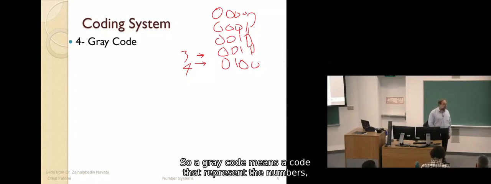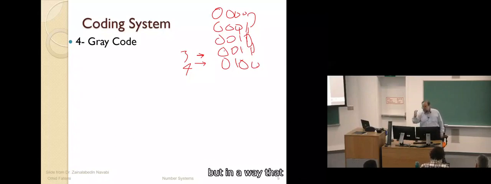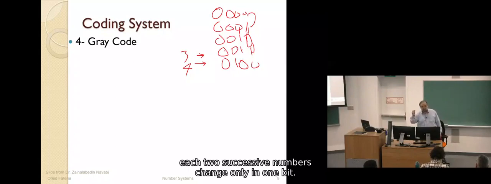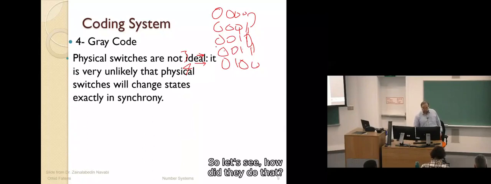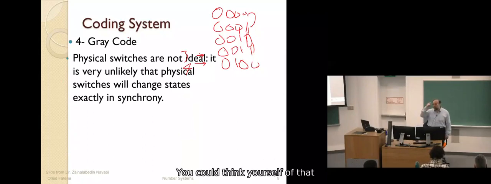A Gray code is a code that represents the numbers in a way that each two successive numbers change in only one bit. So let's see how they did that. You could think of it yourself and build something like that, but I will show you the result.